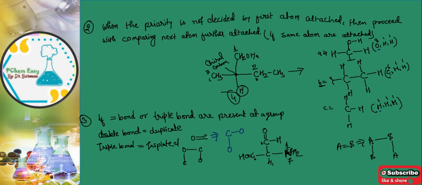It means you will have to assume, okay, C double bond O. Suppose it is C triple bond N.